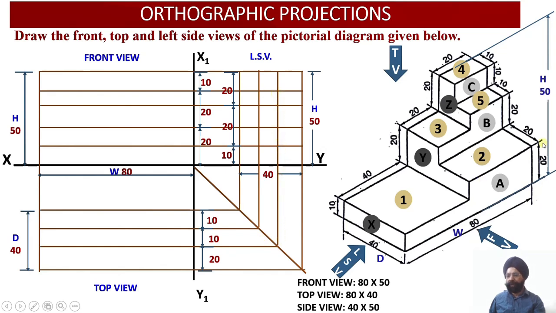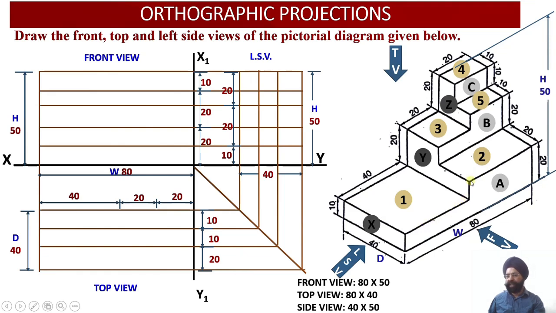Now we are left with the width dimensions, which have not been plotted till now. Now we are going to focus upon the width dimension. We can check the total width of the solid is 80 millimeter, out of which there is a square block appearing as a lower block, having a width equal to 40 millimeter.